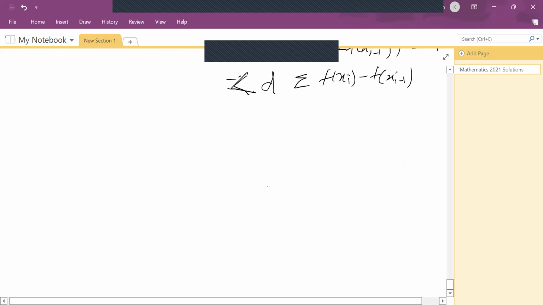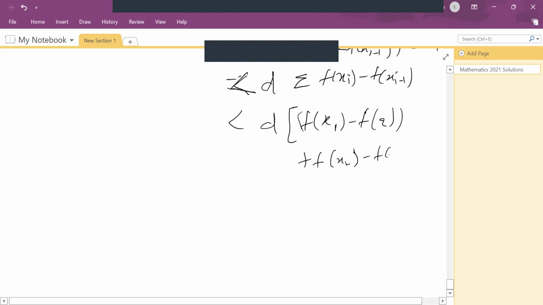This is less than d times the sum, which is f(x1) minus f(x0), where x0 is a only, so f(a), plus f(x2) minus f(x1).